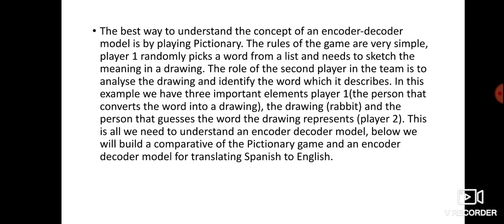In this example, we have three important elements. Player 1, the person that converts the word into a drawing, the drawing itself, and the person that guesses the word from the drawing represents player 2. This is also what we need to understand an encoder decoder model.